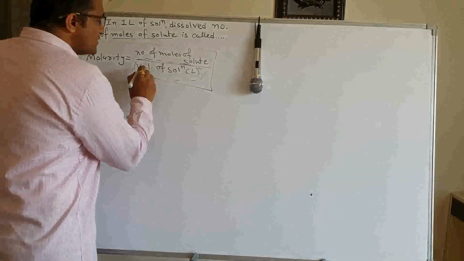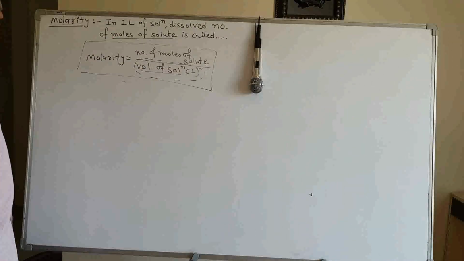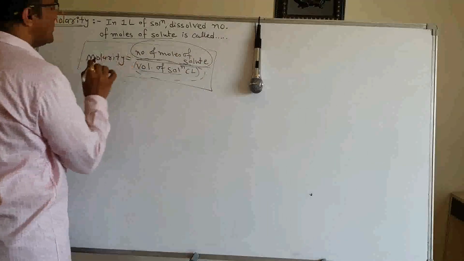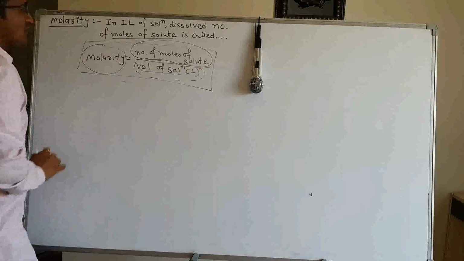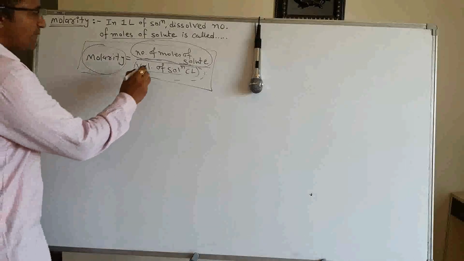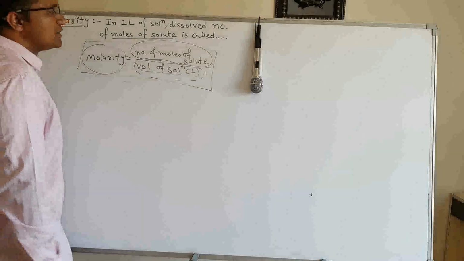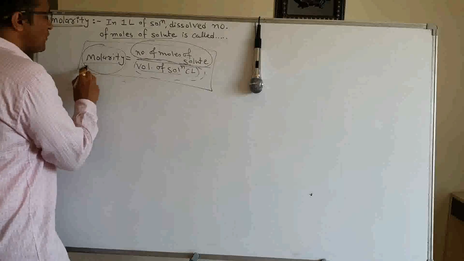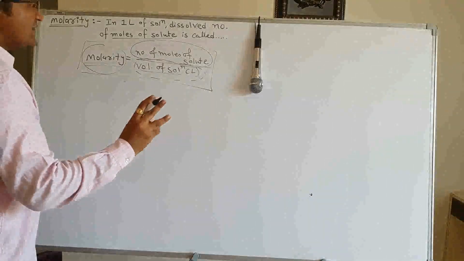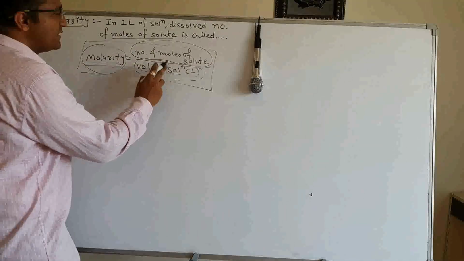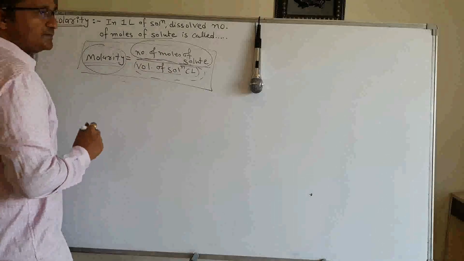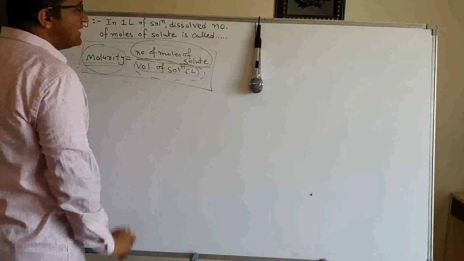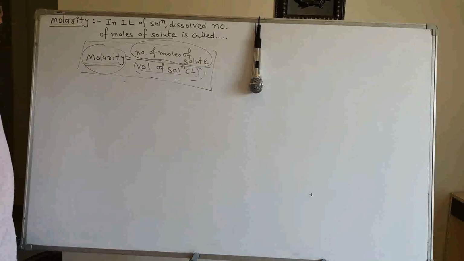Unit means 1. So if we take volume of solution 1 liter, then the number of moles of solute is known as molarity. Means in 1 liter solution, if 3 moles of solute is dissolved, then 3 divided by 1, so molarity will be 3. Similarly, if 2 moles are dissolved in 1 liter, then 2 by 1, that will be 2. So number of moles of solute per 1 liter of solution is known as molarity.